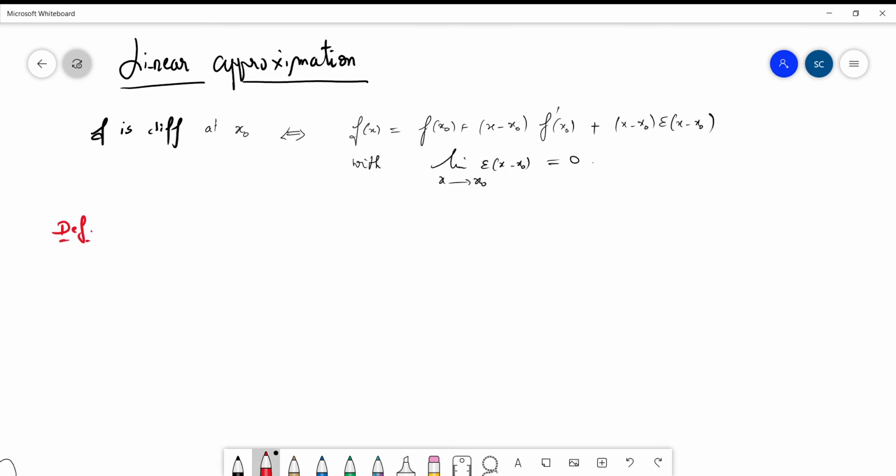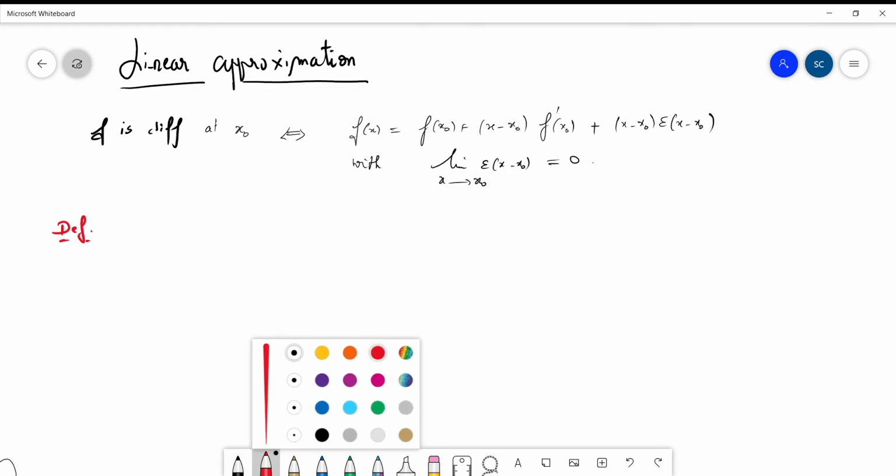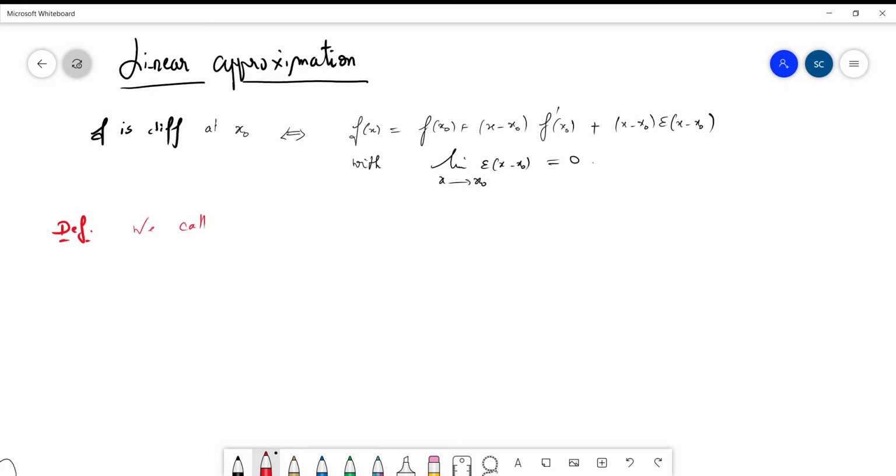Let's call that L(x). We call linear the function that assigns x to L(x) equal to f(x0) plus f prime(x0) times (x minus x0), the linear approximation.